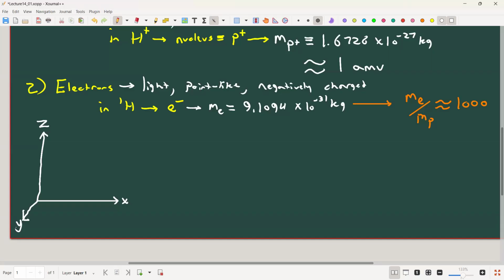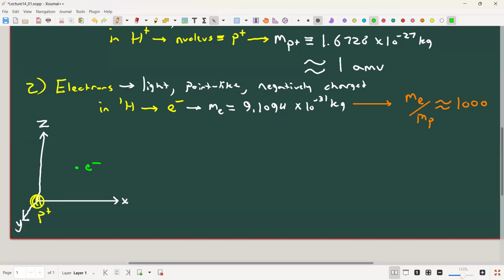So in this coordinate system, let's embed our particles. What we're going to do is treat the proton as the origin. So we're going to stick the origin of this coordinate system right down in the middle of the proton. And somewhere in 3-dimensional space, we're going to put the electron. I'll put it right here.